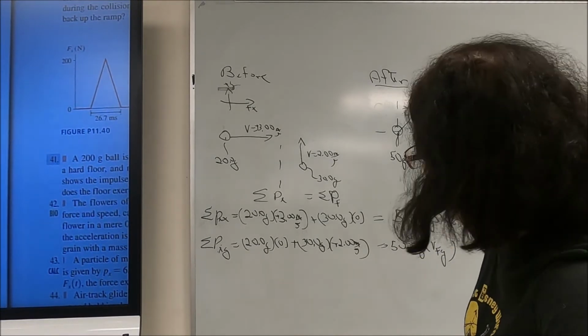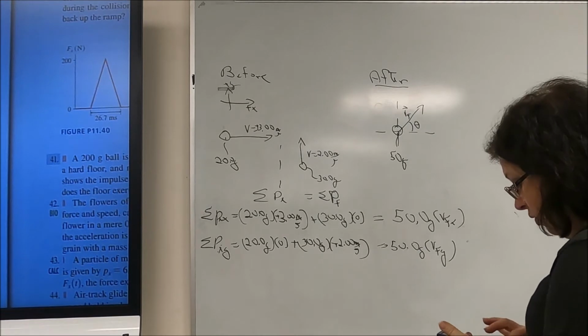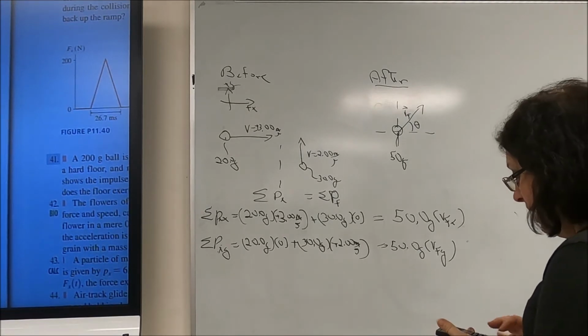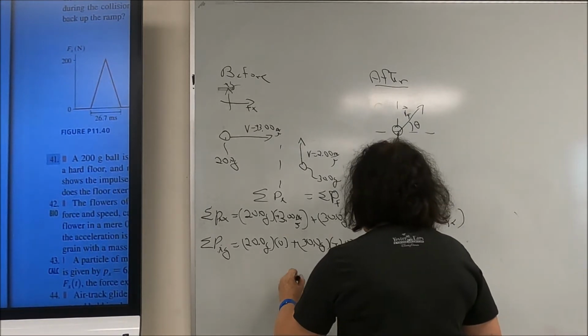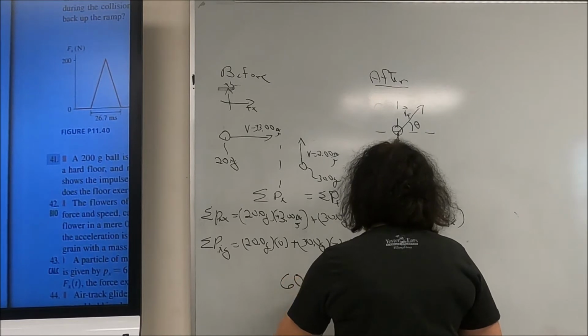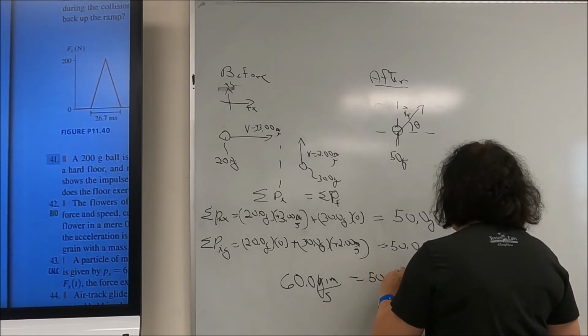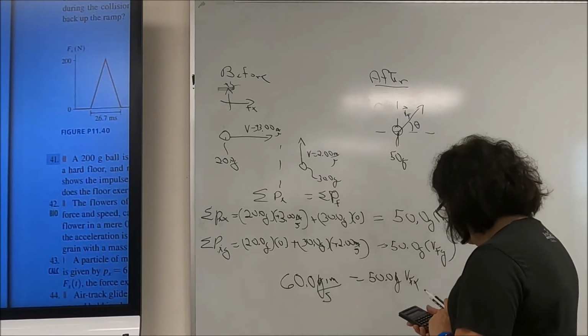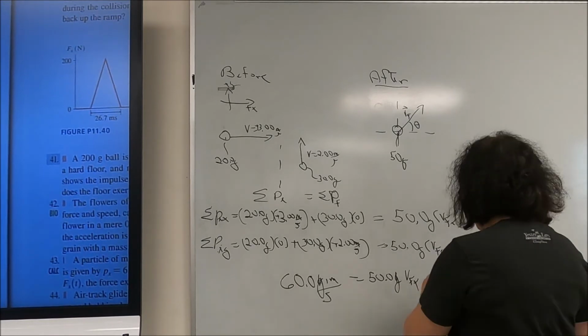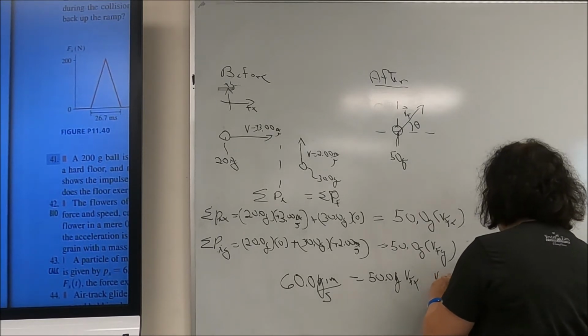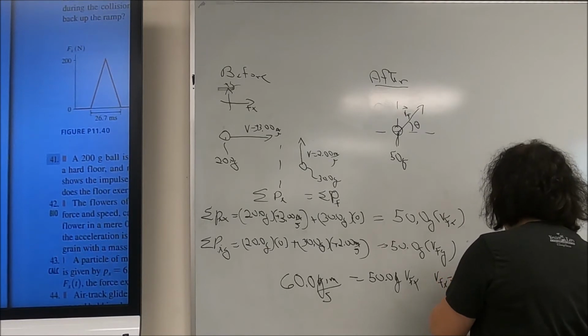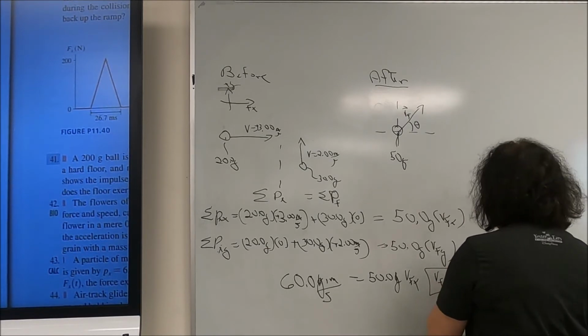So if we do this, 20 times 3, so I have 60 grams meters over seconds equals 50 grams V final X. So 60 divided by 50, V final X is 1.20 meters per second.